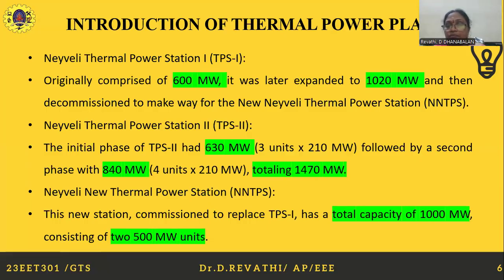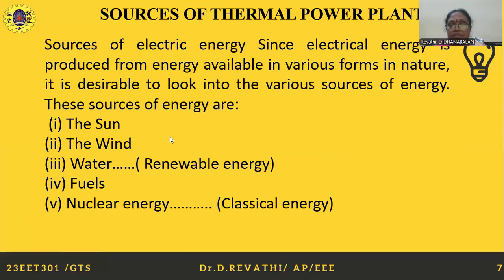Totally, we have 1470 megawatt from power station 2. And the new thermal power station consists of 500 megawatt units. These are the details about Neyveli power stations 1 and 2, and the new power station.